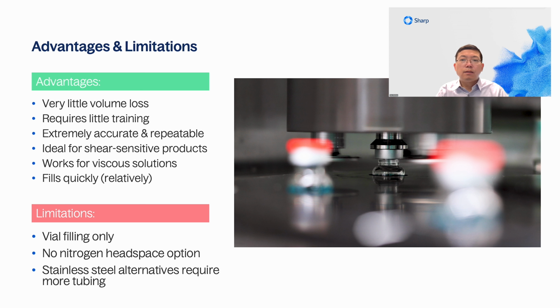However, some extra length of tubing is required in these systems. Although the loss is still significantly less than typical filling, it is not as low as the stainless steel option.